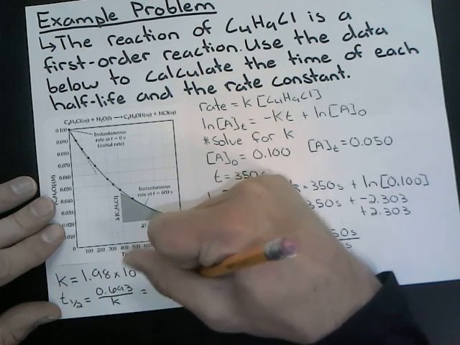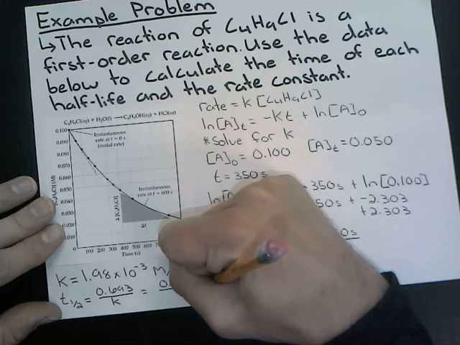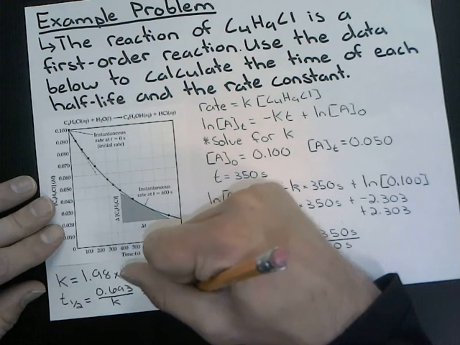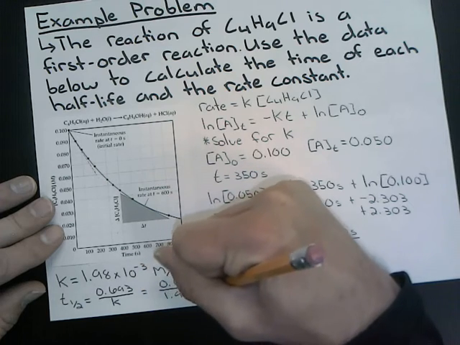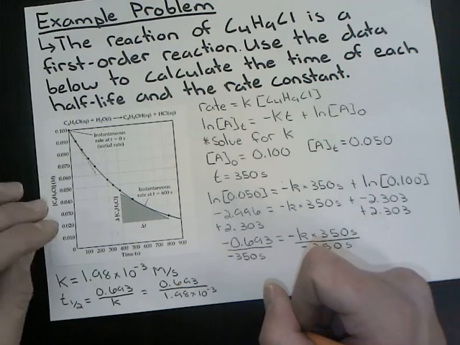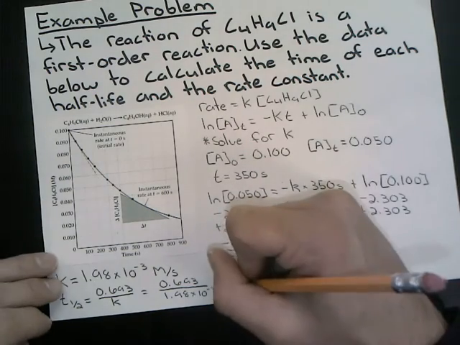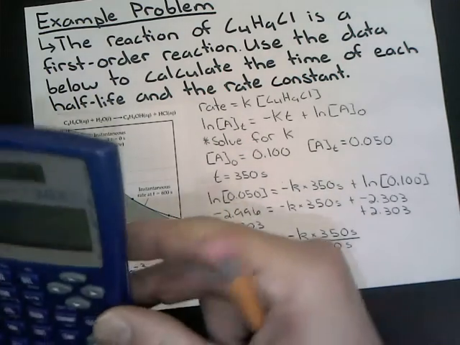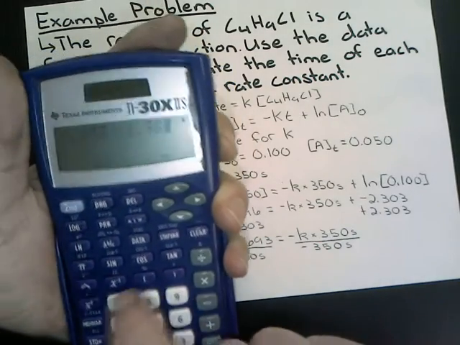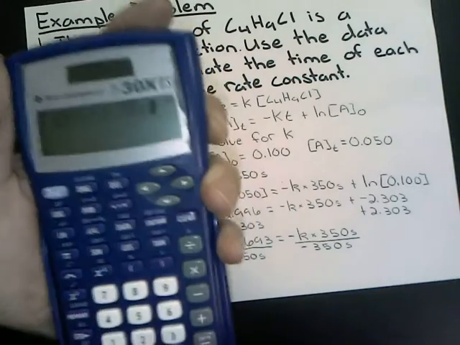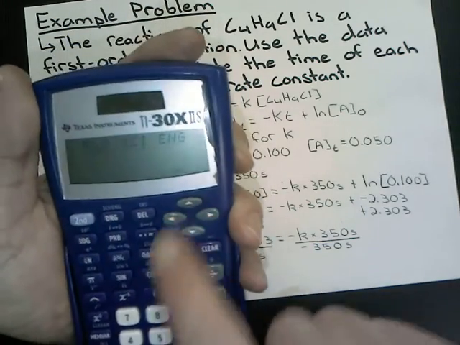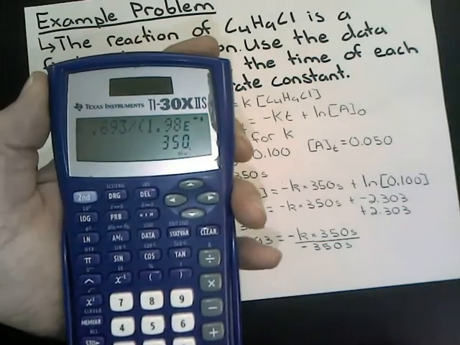So 0.693 divided by 1.98 times 10 to the negative third. Okay? And when we do this, it gets us a value, a half-life of 350 seconds.